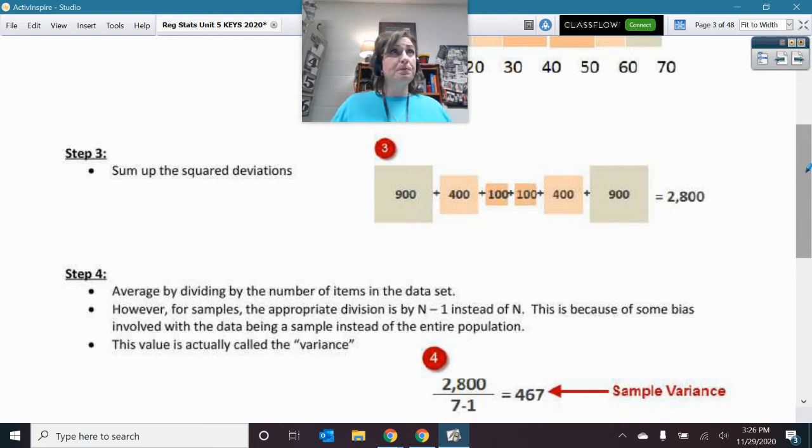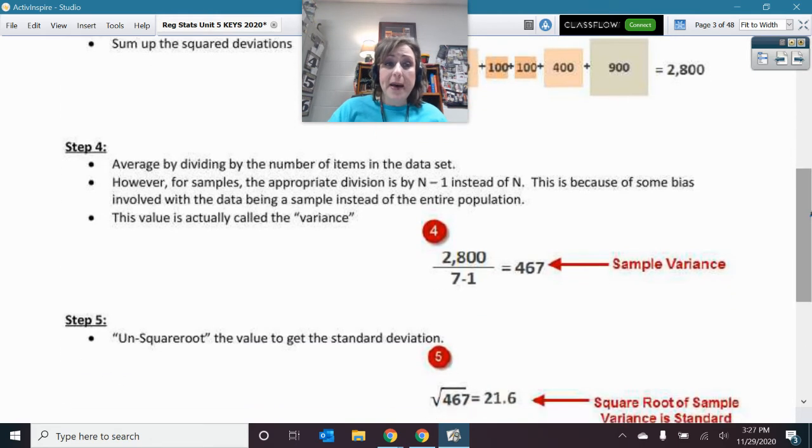Now, what would you do if you were adding up all your data to find the average? Add it all up, divide by how many pieces of data there are. That's what we're going to do. But when we have a sample, we actually divide by n minus 1 instead of n. The reason is that it's a sample and we have to allow for more variability than in the population, so I'd be on the safe side.